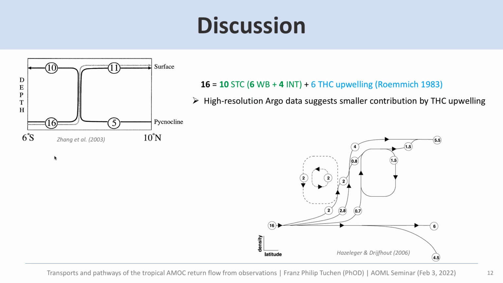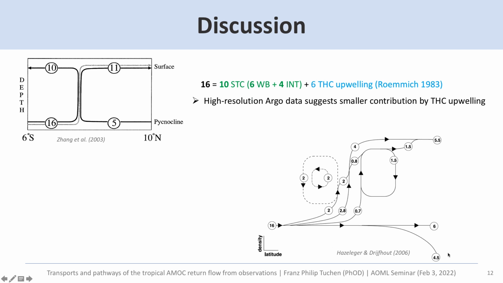So there's also another study by Hazeleger and Drijfhout in 2006. Basically the same schematic, a bit more complicated, but also entering 16 Sverdrups, of which 6 are just not interacting with the subtropical cells, which are shown here in these circles.